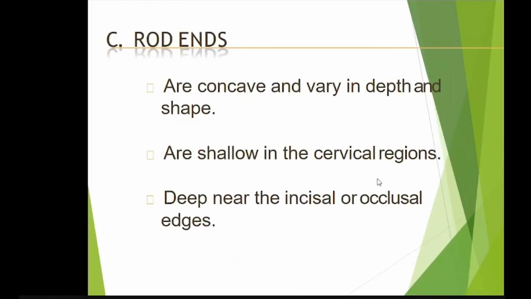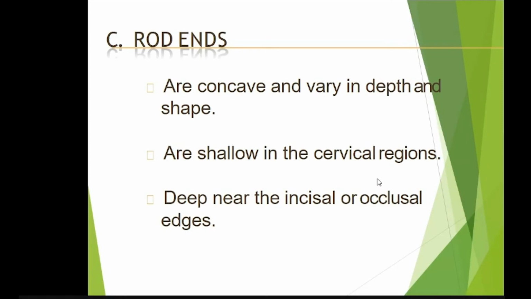الرود انس شلون تنتهي؟ Concave and varying in depth and shape، بشكلها تختلف وهي concave، منطقة مقعرة. Shallow in the cervical region, deep near the incisal or occlusal region. تكون shallow concavity in the cervical region. وشنو هي cervical region؟ Between the crown of the tooth and the root of the tooth منطقة we call the cervical region، يعني منطقة عنق التوث.